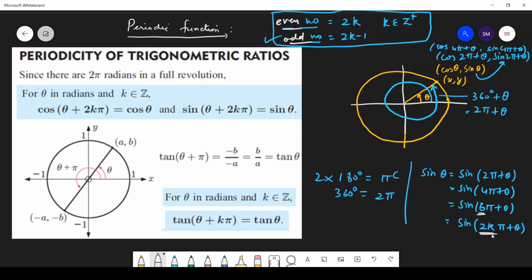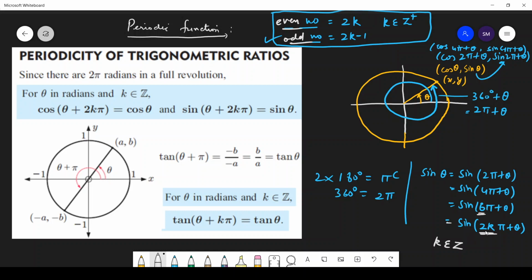Is this okay? But here this k is not only positive, it can be negative also, because if you take the rotation in the opposite direction, then it will be negative also. You have taken the rotation this side. Now even if you take the rotation on the opposite side, then also the value will be same.